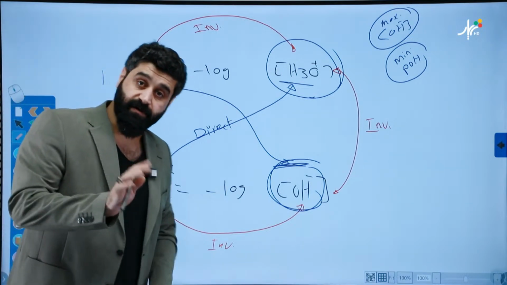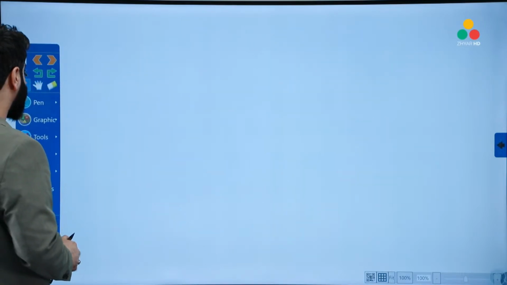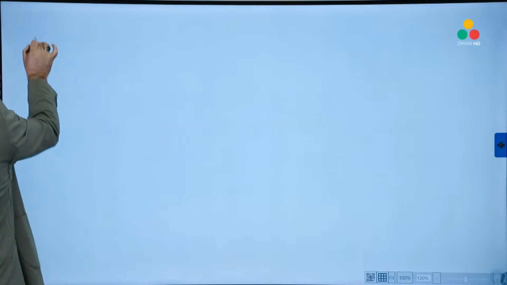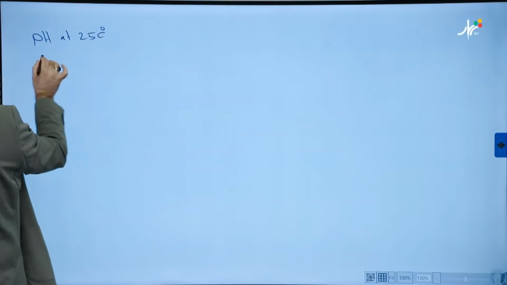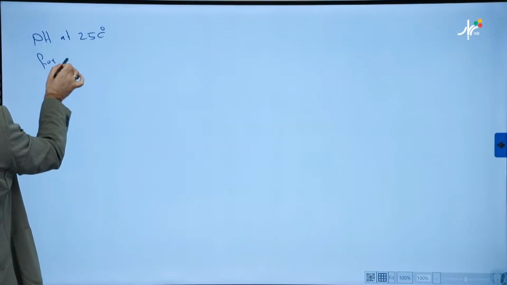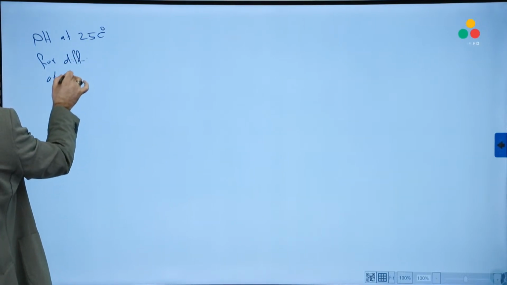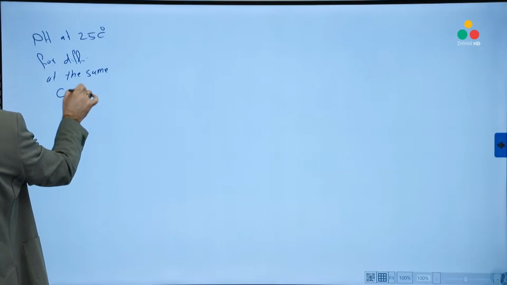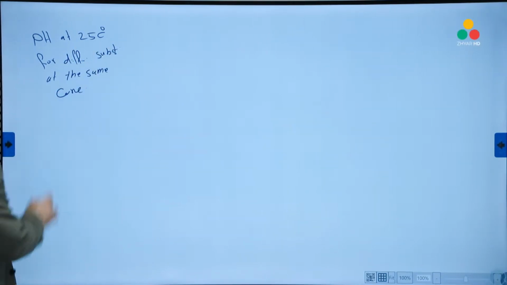Just like this. Okay? And then let's learn how to plot different substances on the pH scale. The pH scale at 25 Celsius degrees, for different substances at the same concentration.